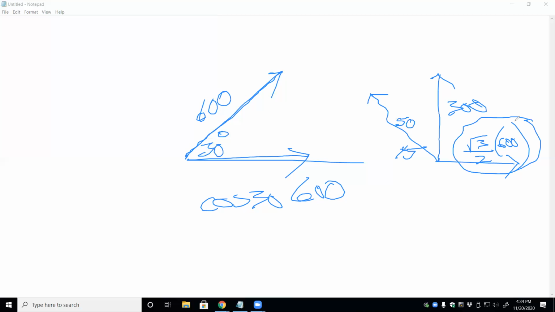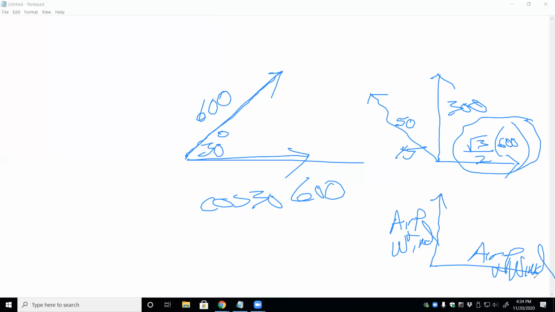And when I'm done, I have a vertical component to airplane and wind, and I have a horizontal component to airplane and wind. And now I put them back together again to figure out the resultant, and I get a resultant that looks like this would be tilted slightly up.